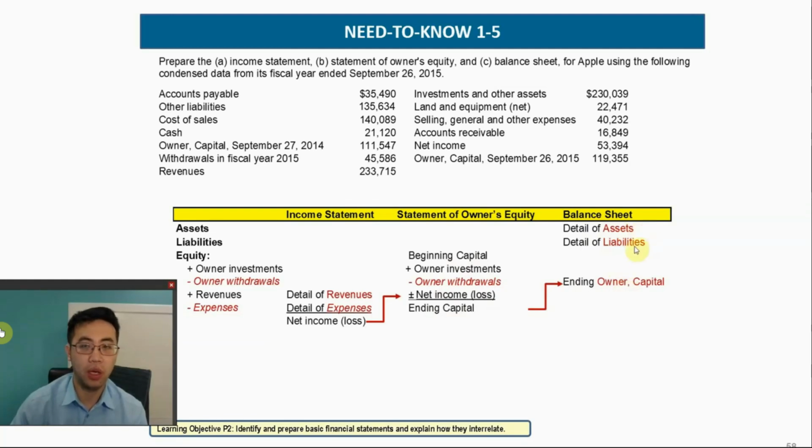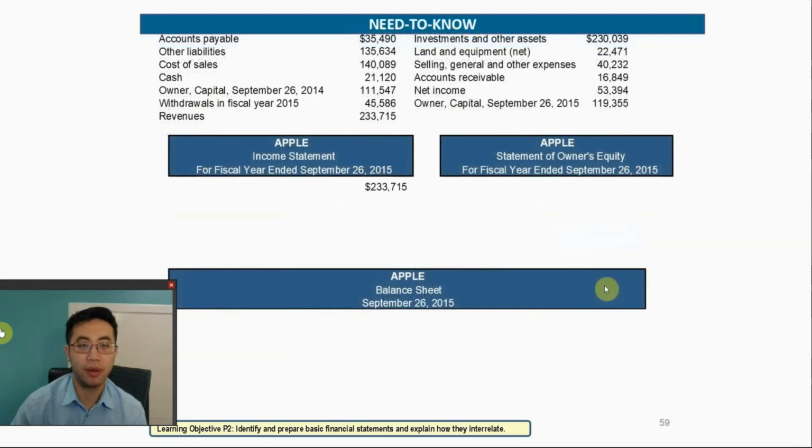So what would belong to liabilities, like this accounts payable, these other liabilities would belong to it. And what belongs to total assets, like your cash, definitely is an asset, and also investment and other assets, land and equipment, accounts receivable, and these are all total assets.